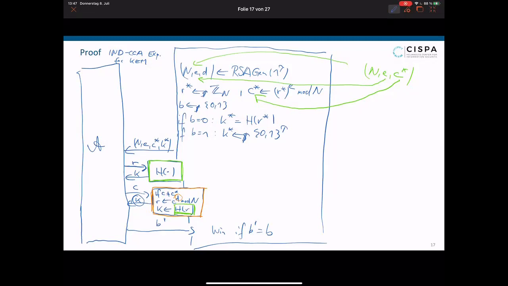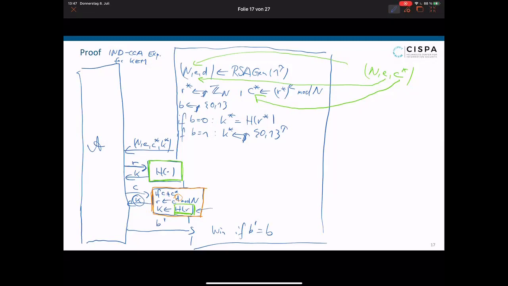So in order to know whether the K that we're giving him in the decryption oracle is actually the correct K, he first has to tell us what R is, right?